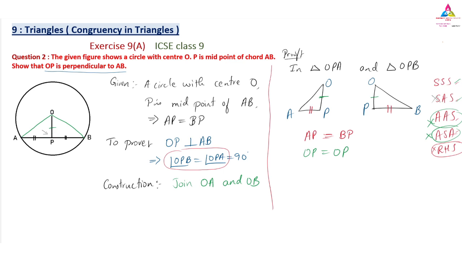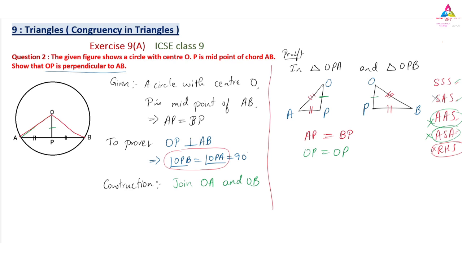Which one is the third side? The third sides are OA and OB. Whether OA and OB are equal, see it clearly. OA is this one, OB is this one in a circle. These are the two radii of the circle.